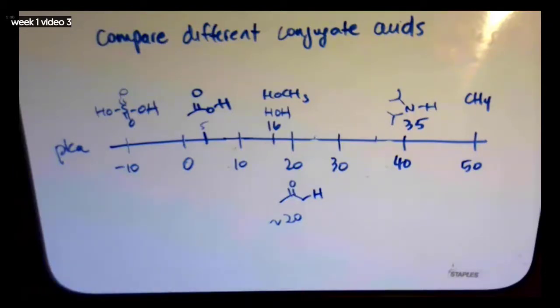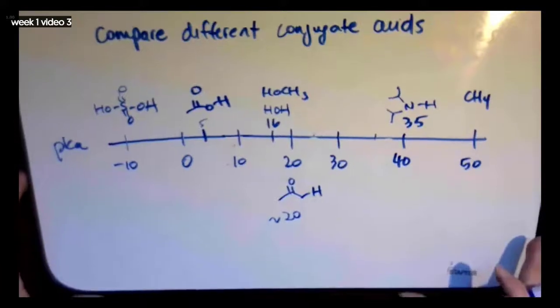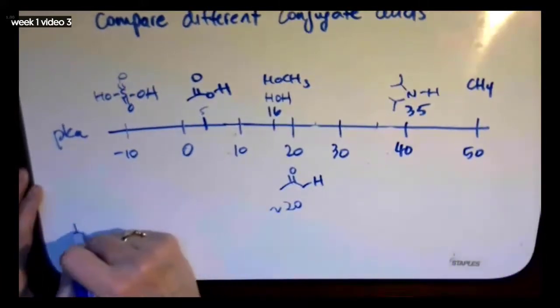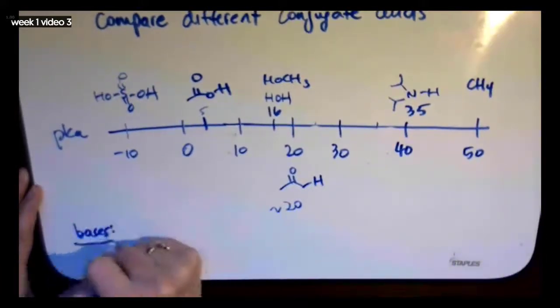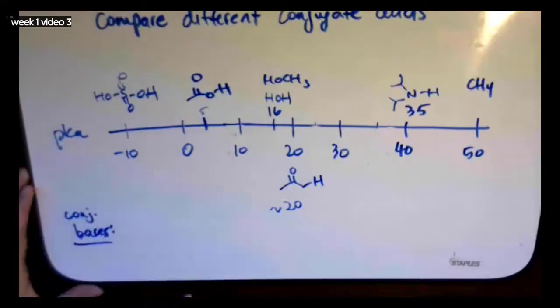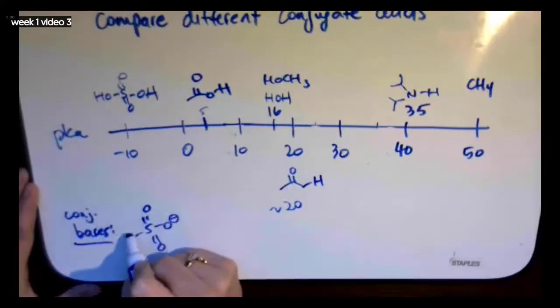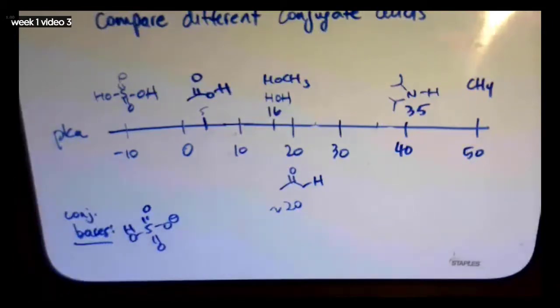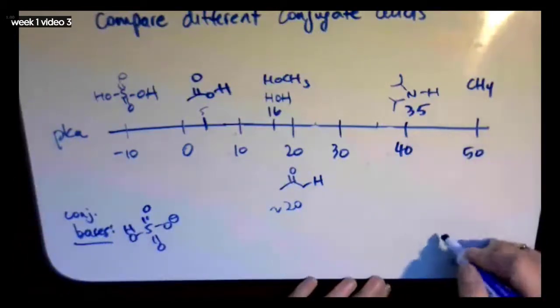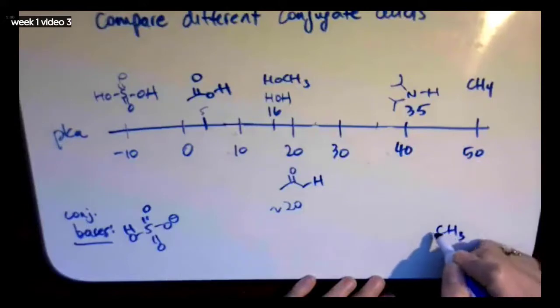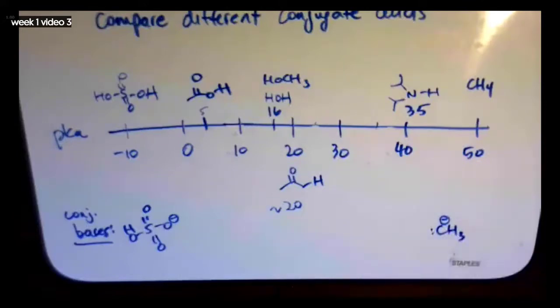And so if we think about the corresponding conjugate bases for each of these acids, for sulfuric acid, it's going to be that sulfate. For our alkane, methane, it's going to be the carbanion, right?